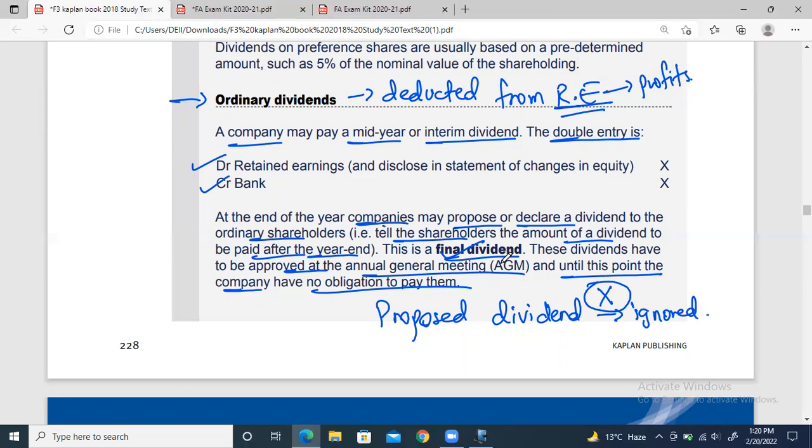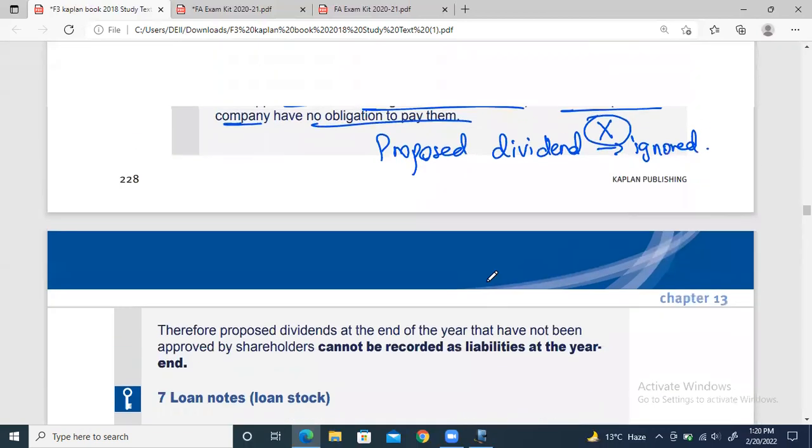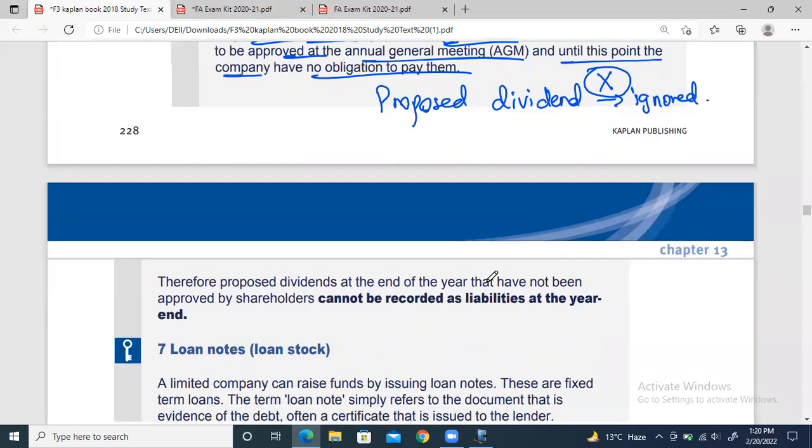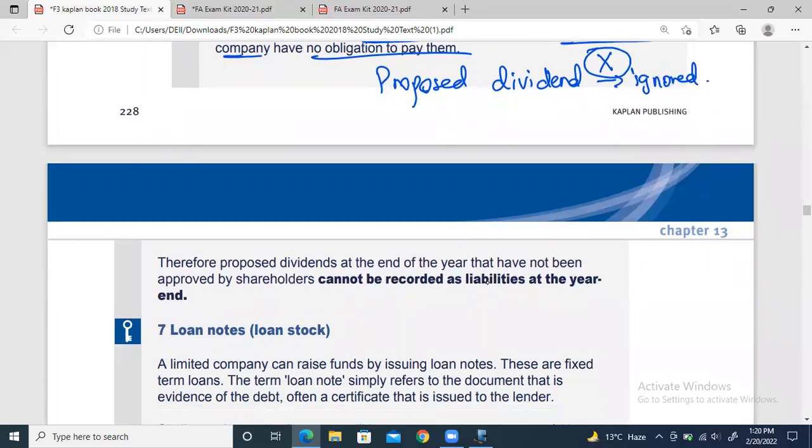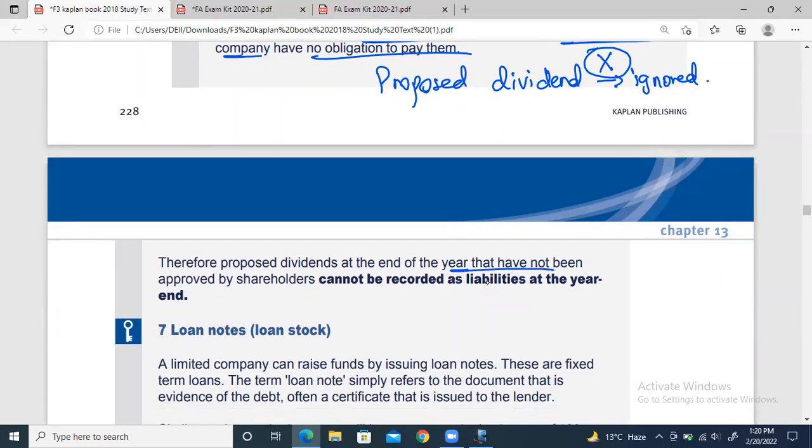But the final dividend, yes, it is actually paid. Anything relating to assumption is straight away ignored in financial accounts. So proposed dividends at the end of the year that have not yet been approved by shareholders cannot be recorded. The same thing is written over here in this statement.